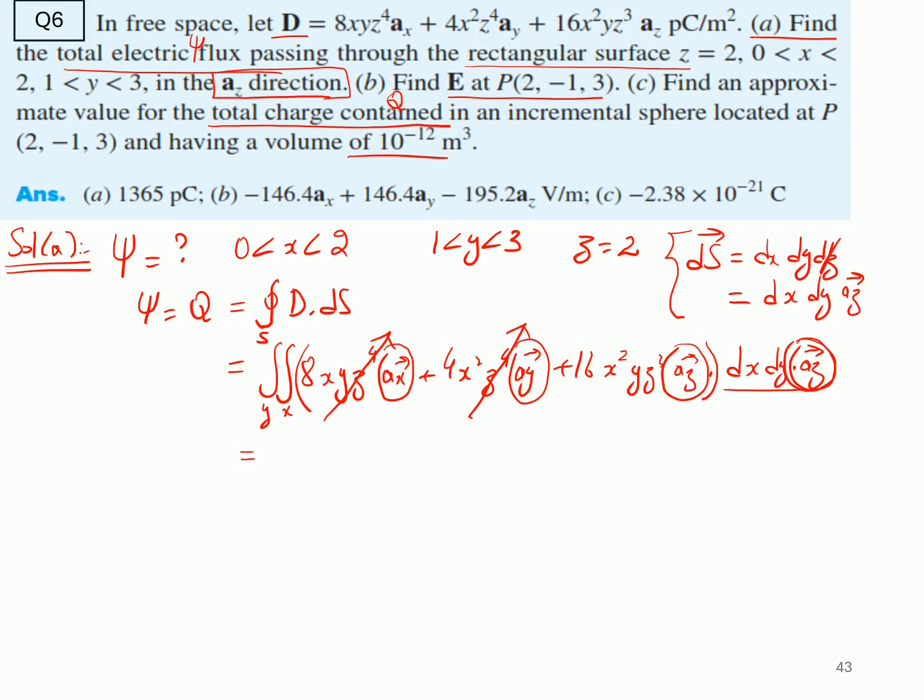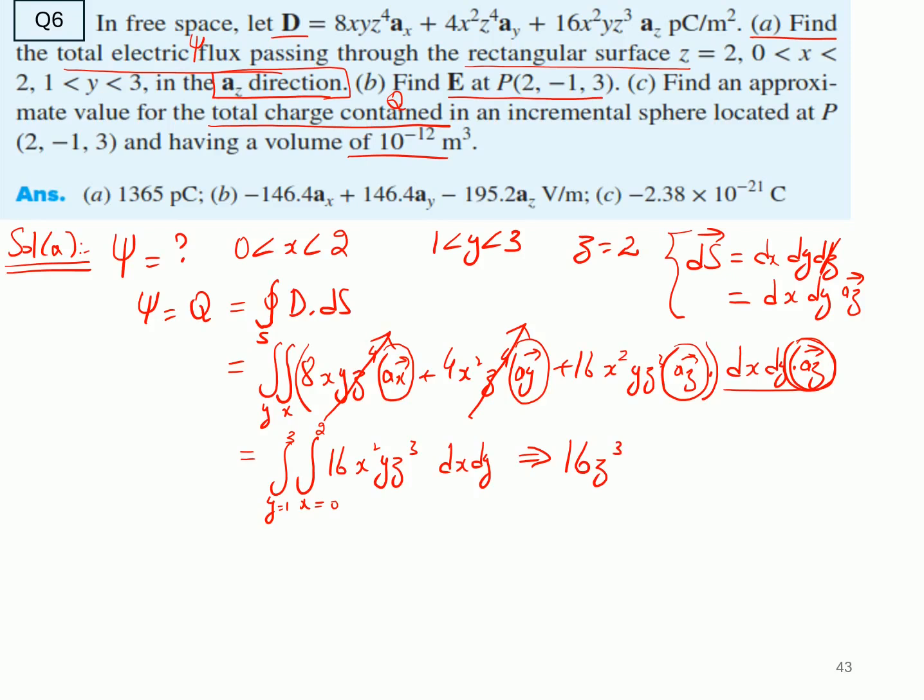This means our integral will now be a simple one: 16 x^2 y z^3 with dx and dy. The value of x is from 0 to 2 and the value of y is from 1 to 3. I can take 16 and z cube outside.